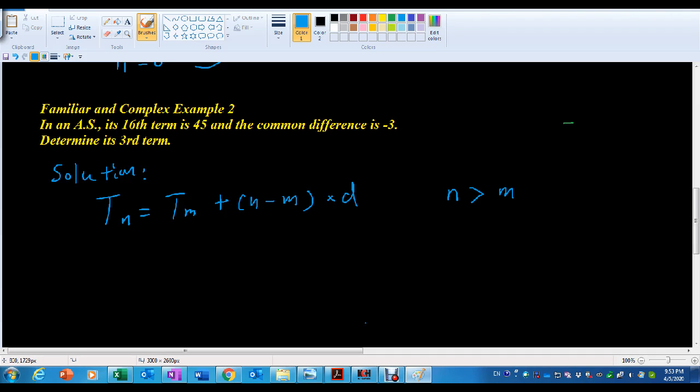Even though we are going to find the third term, since you are given the 16th, n should still be 16 because n must be greater than m. So it will be the case, right?